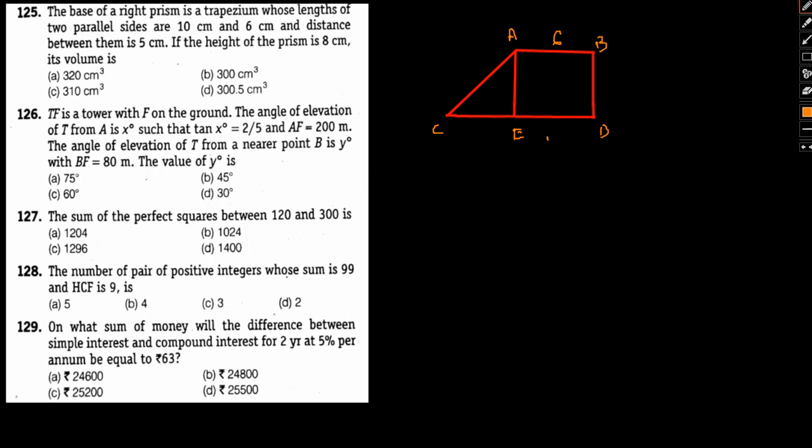The distance between the two parallel sides is 5, and the height of the prism, that is this particular height from here to here, is given as 8.